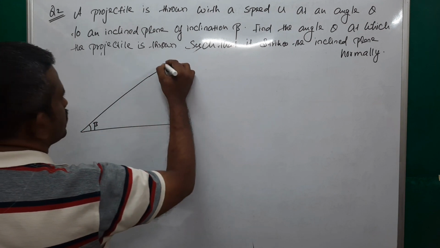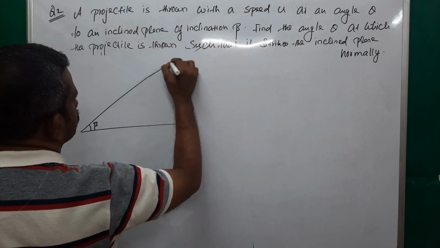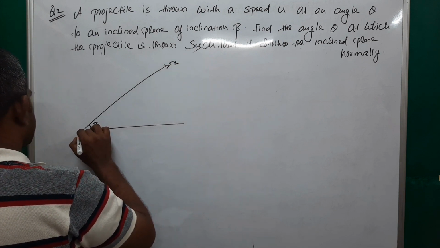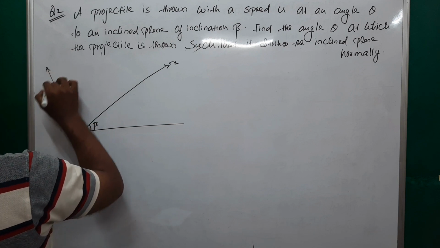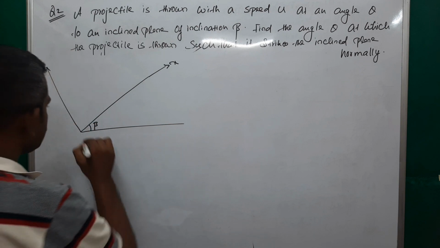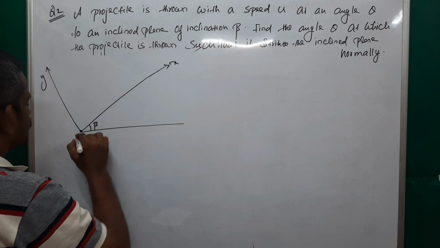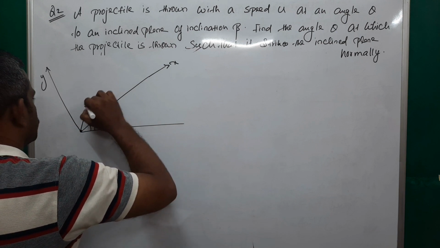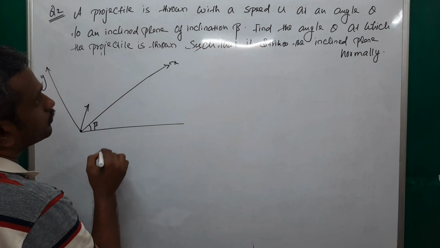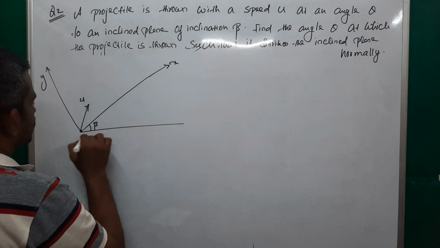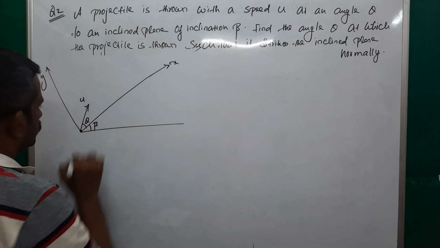So this is our x-axis and this is our y-axis. The particle is projected from here with initial velocity u at an angle theta.